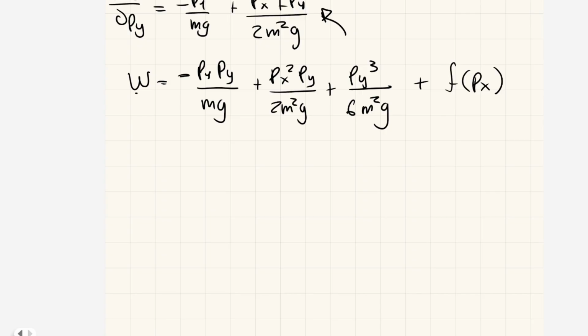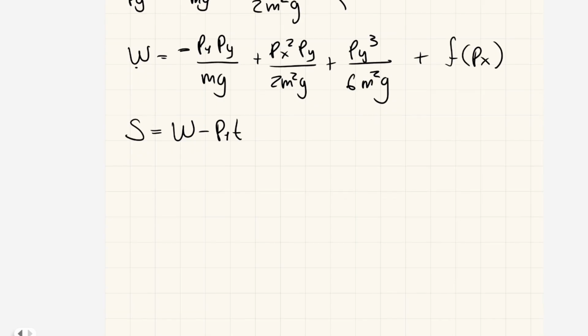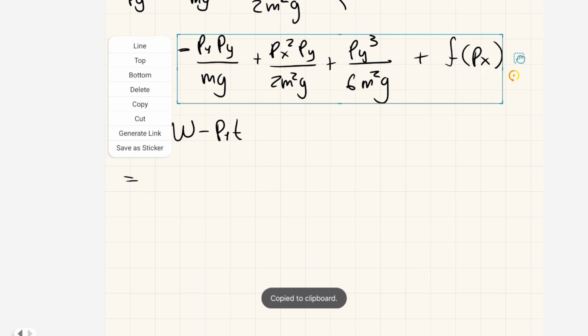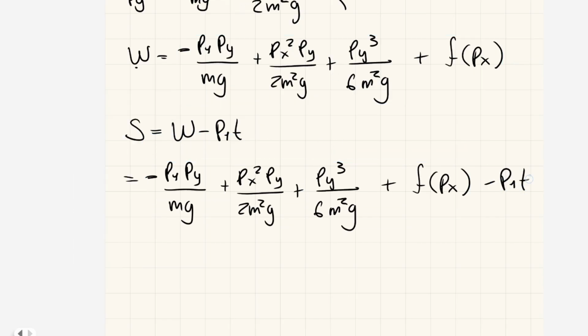Perfect. So remember that we proposed that the function s was going to be the sum of w minus p1t. That means that we can write that s is going to be all these elements that we have here, and then minus p1t.